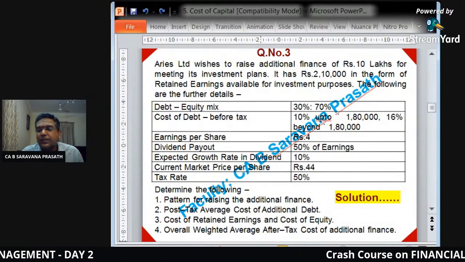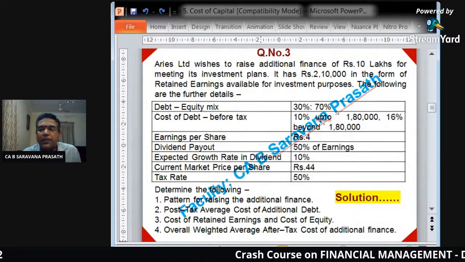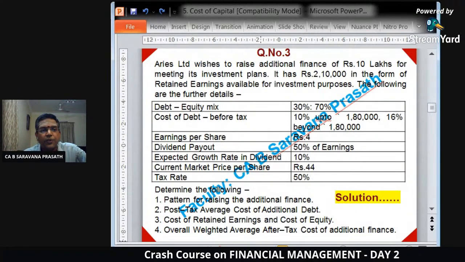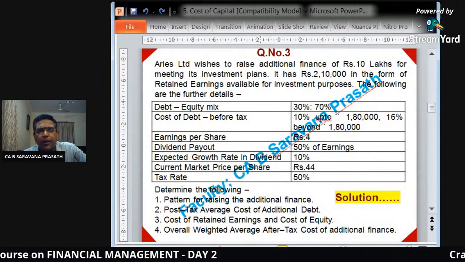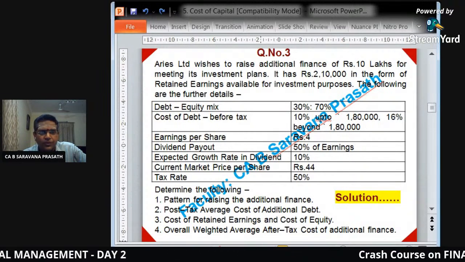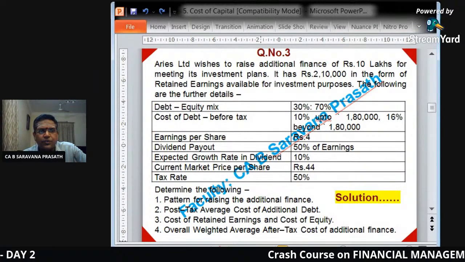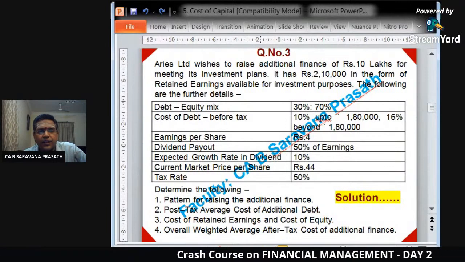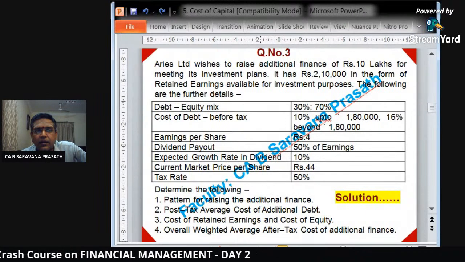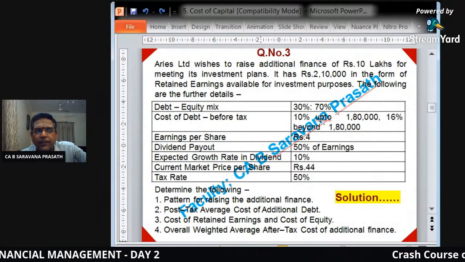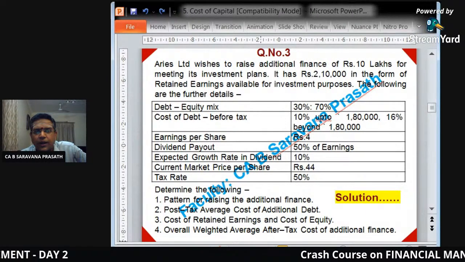The query has come up as to, can you repeat the debt and equity computation from the ratio? Total 10 lakh is the capital employed in the earlier question, out of which 2/5, 40%, is equivalent to debt. So 2 by 5 of 10 lakh is equivalent to 4 lakh.